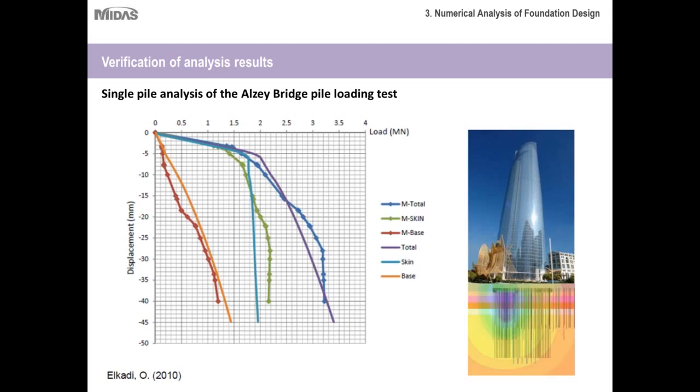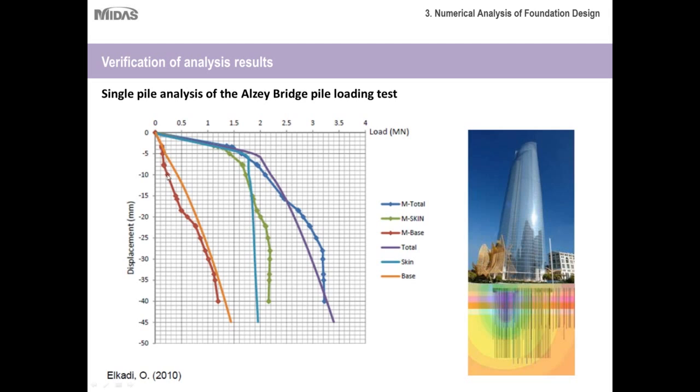So once you have obtained this field test data, then you have to calibrate your model based on the data. Here you can see the similar setup when simulated in a numerical analysis model. We plotted all these graphs and found that they are following the same trend or pattern.